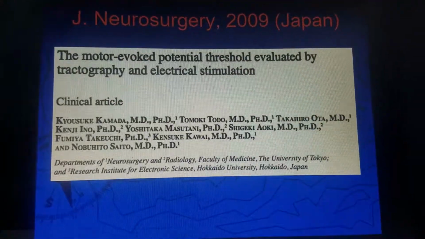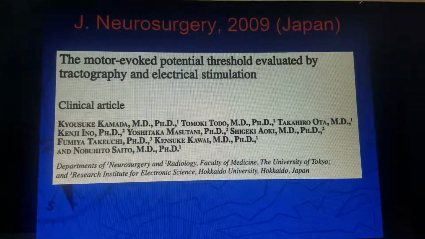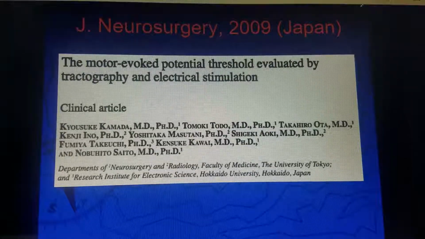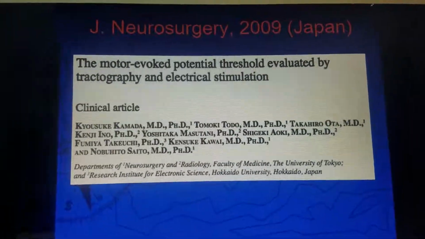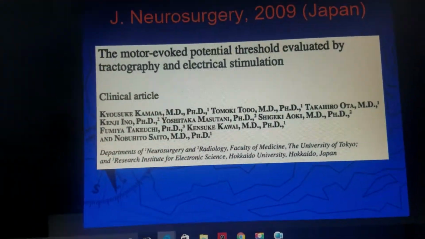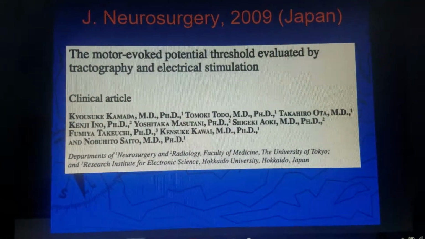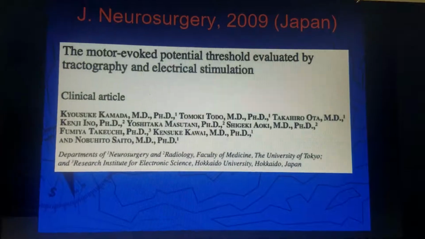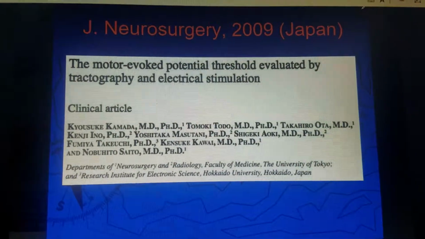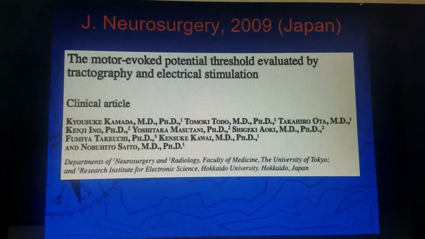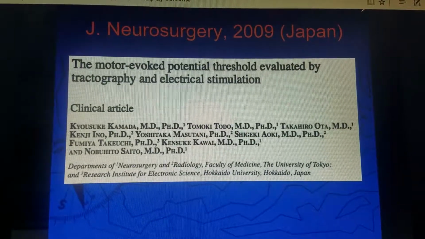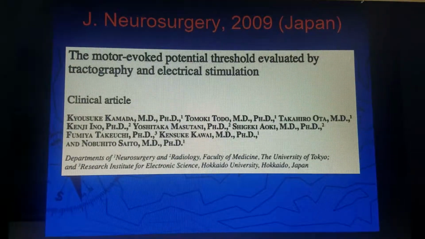So we're going to look at data from several countries. This one, Journal of Neurosurgery, 2009 from Japan. The problem that all of us face is how do you know exactly where the corticospinal tracts are, particularly once you've started removing tumor.